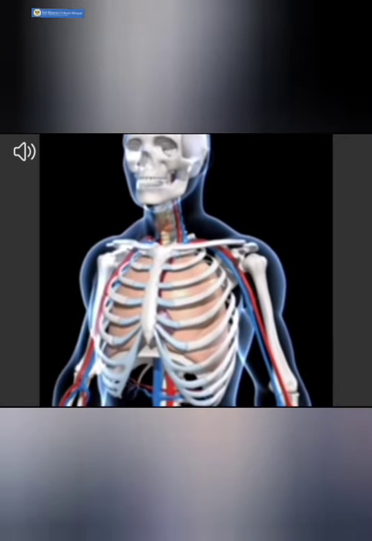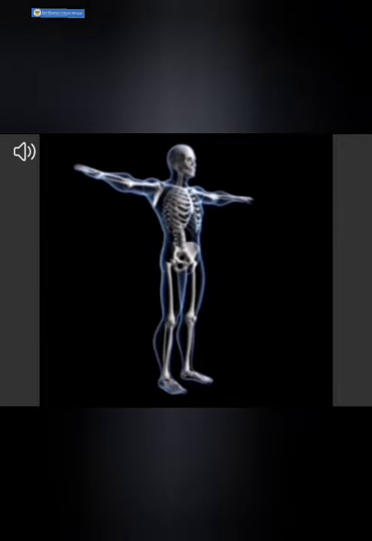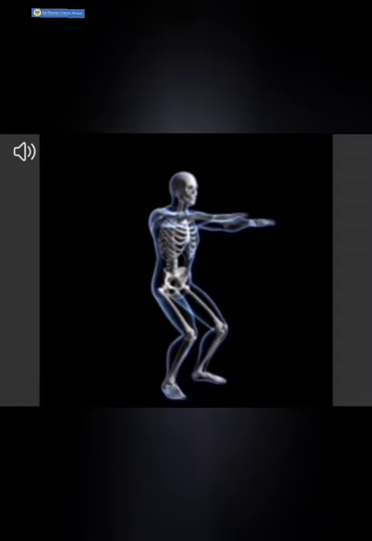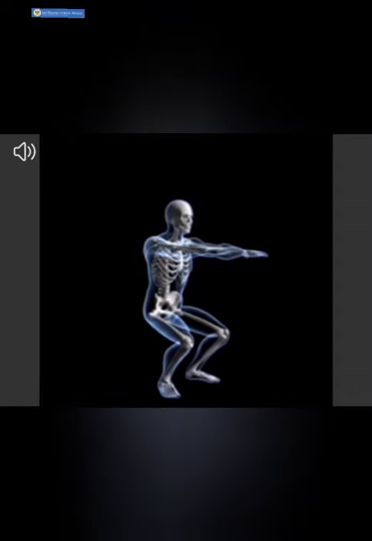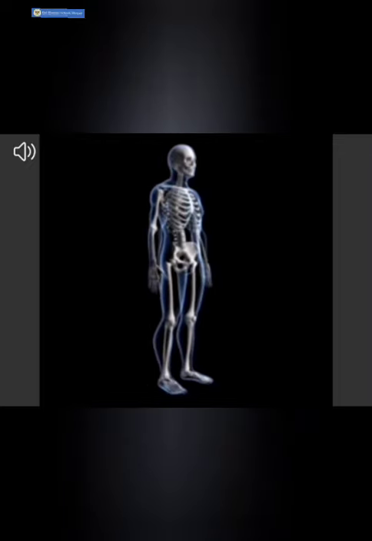All the soft organs are protected by these bones. Also, the skeletal system, the bones, help us to move, walk, run, and do a lot of physical activities.